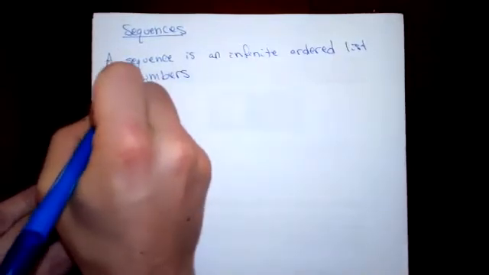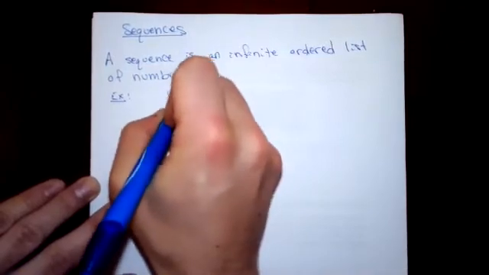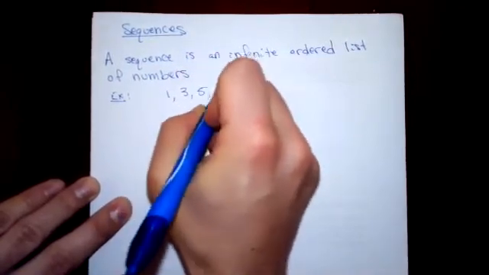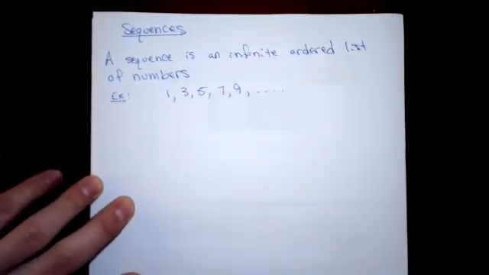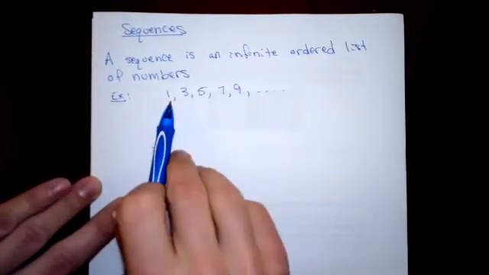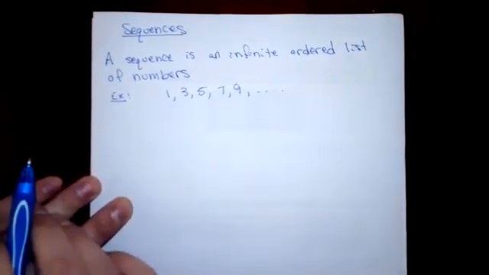So you can think of it as just a specific order: 1, 3, 5, 7, 9. This is a sequence that describes each successive odd number.